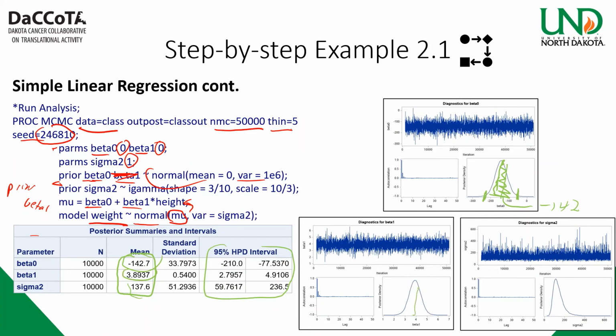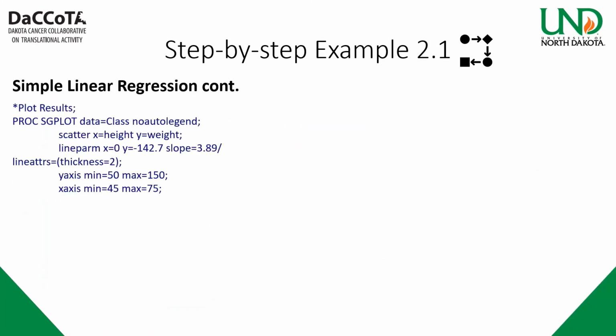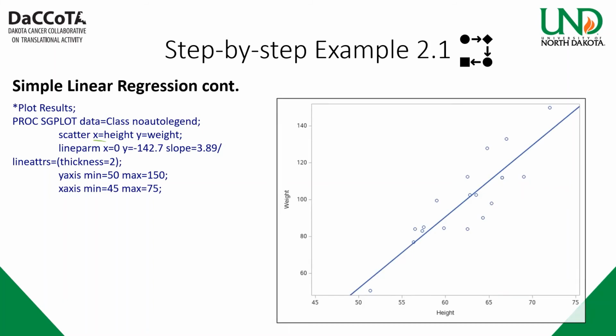So what does that mean for our plotted result? Well, we're going to use proc SGplot, use our data class, and I'm going to enter that outcome data for the slope and intercept manually. So we're going to first of all do a scatter plot of height and weight, and then to create this line, we're going to use the line parameter.